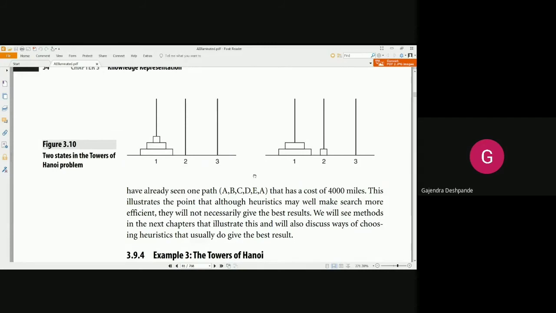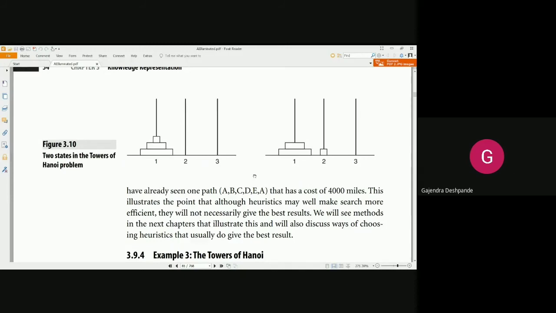In Hinduism, we know that Lord Brahma is the creator of the universe. So he has some assistants. Their job is to move the discs from one pole to another pole. And he has assigned them the job of moving 64 discs.